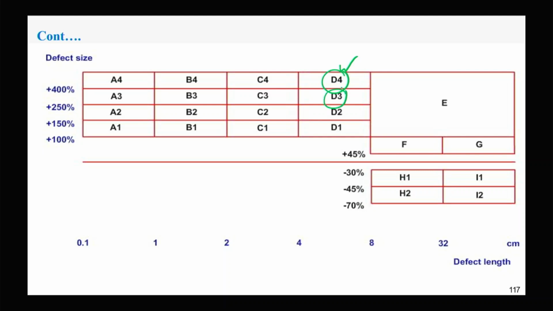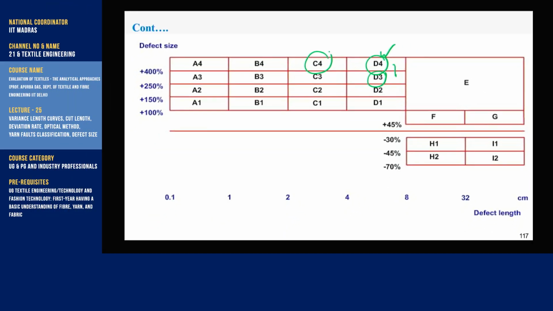D3 is also objectionable, but its thickness is less than D4. In this way we can identify the objectionable faults. C4 is objectionable because it's very thick and the length is also a little bit higher.